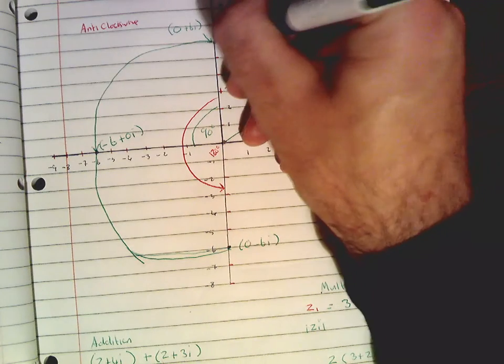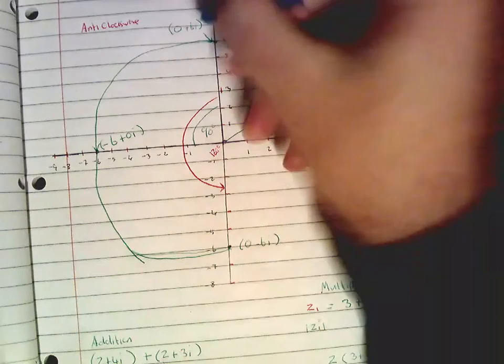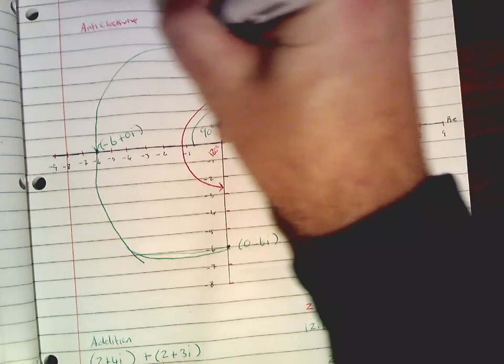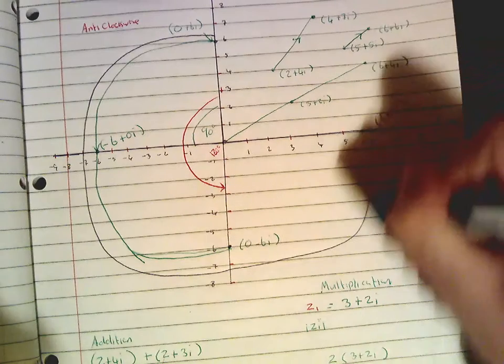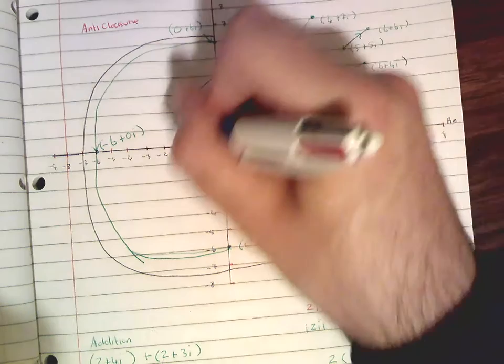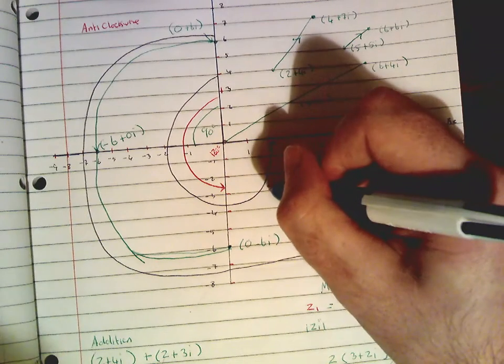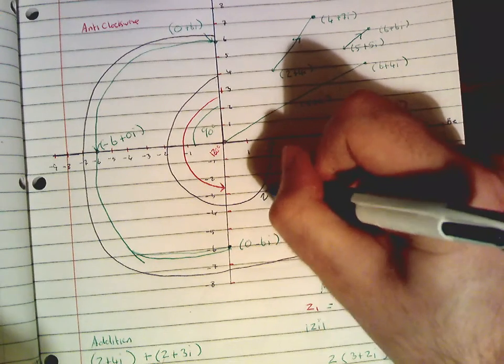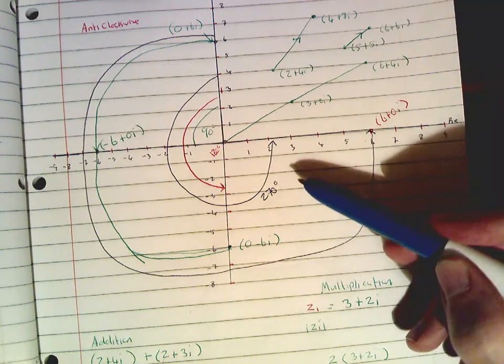If we plot that on the diagram, we're starting up here and rotating all the way around to here. That rotation is 270 degrees.